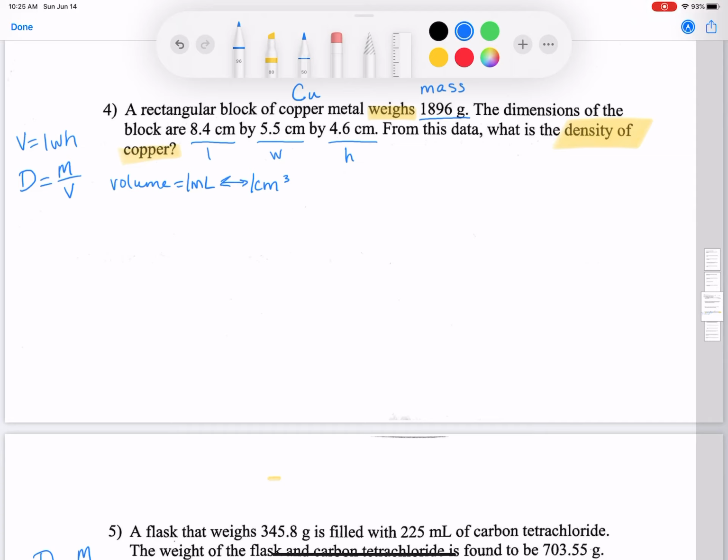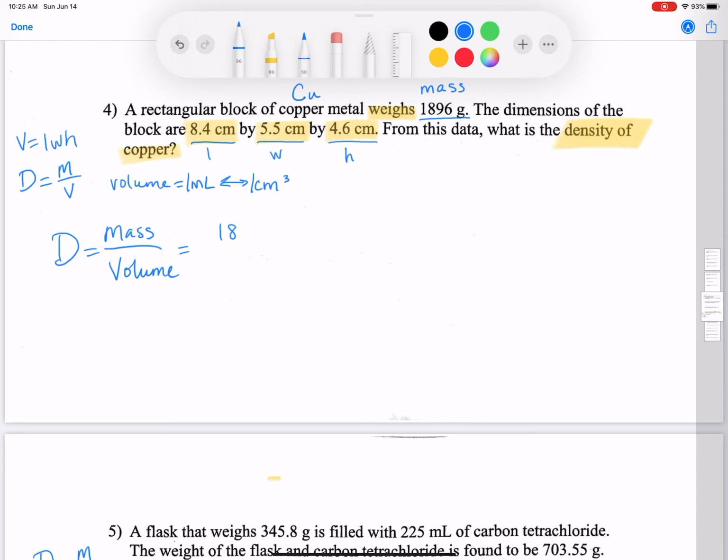So if you notice the dimensions that we were given in the question, which are 8.4 centimeters, 5.5 centimeters, and 4.6 centimeters, you're going to end up getting cubed units, centimeter cubed units. So that's your volume. So if I go to my original density equation, which is density always equals mass divided by volume, I'm just asked to calculate the density, so I can just straight plug this in.